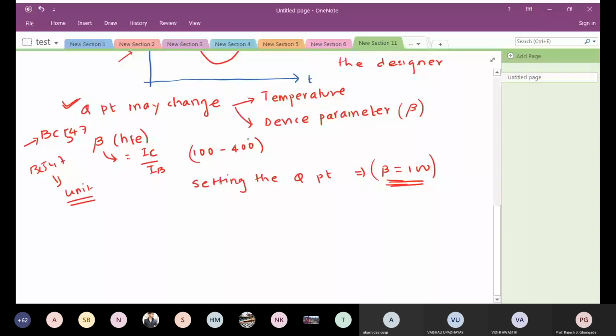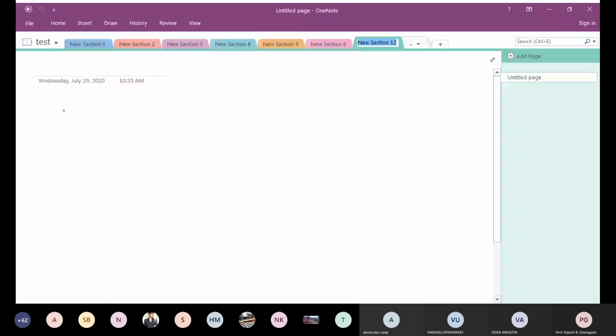The DC load line and the bias point. This is what we are going to see. Let me construct a circuit for that.